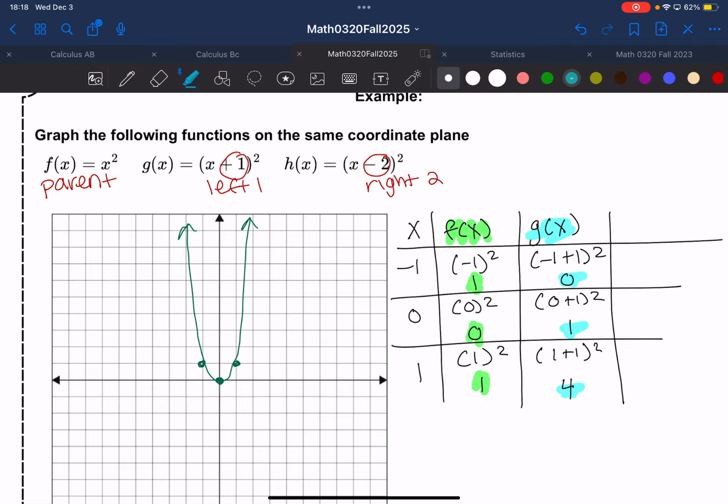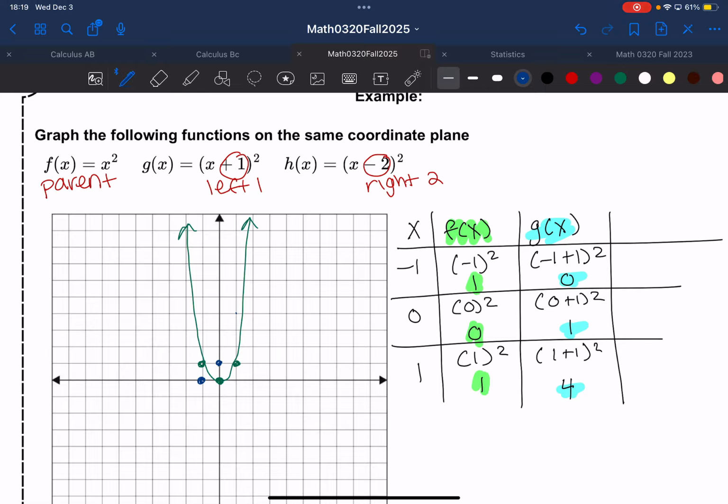So then I can plot all those points. So I have -1, 0, 0, 1, and 1, 4.